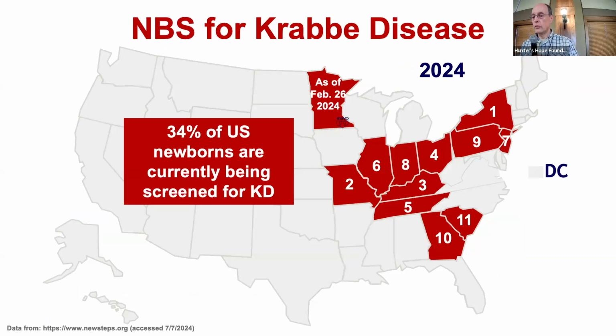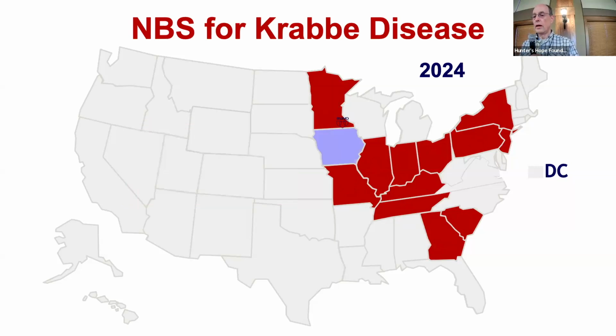Nevertheless, newborn screening continued from New York, and currently there are 12 states screening for Krabbe disease. The latest was Minnesota, which started in February. A month later, we identified the first case, and Dr. Orchard can tell us about that one. So currently, about a third of the US population is already being screened for Krabbe disease. Iowa is probably the next state that will screen.